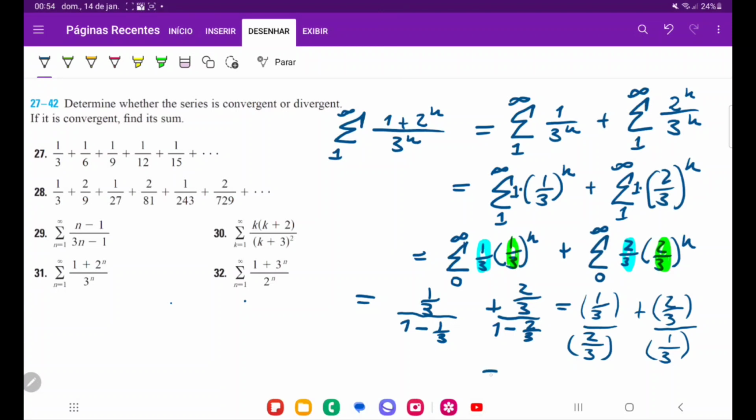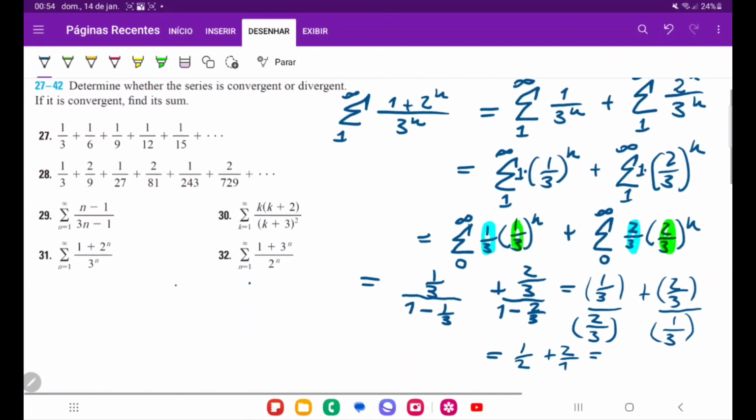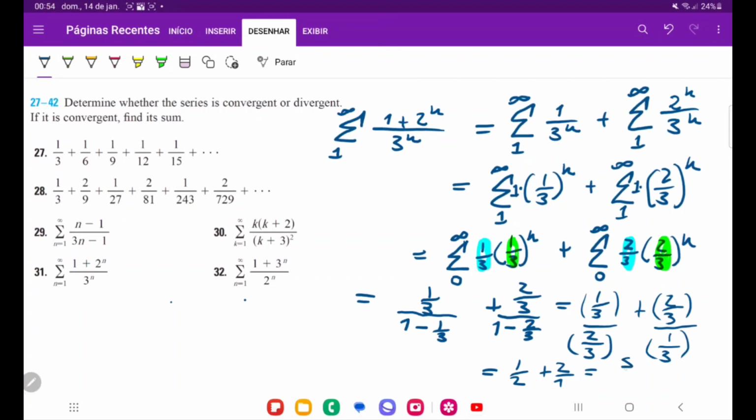This is 1/2 plus 2, which is the same thing as 5/2. So this is our answer here for the sum of 31. It is convergent and we can find the sum. And maybe I'm just going to rewrite this because my 5 looks terrible. There.